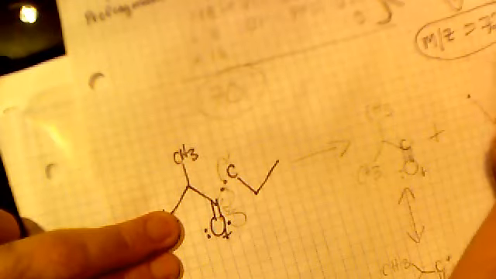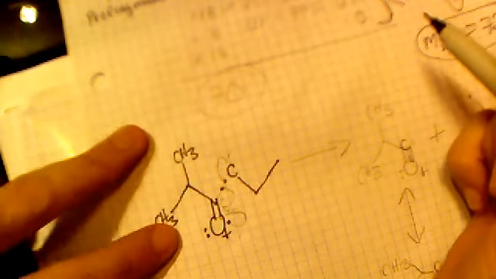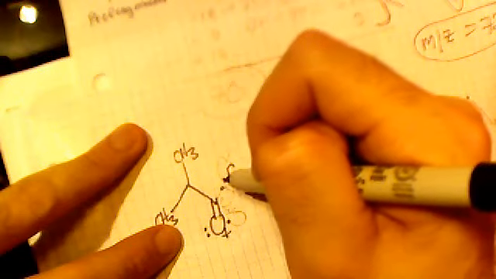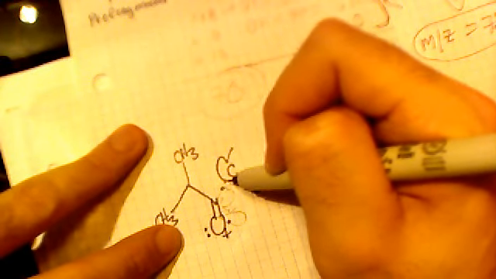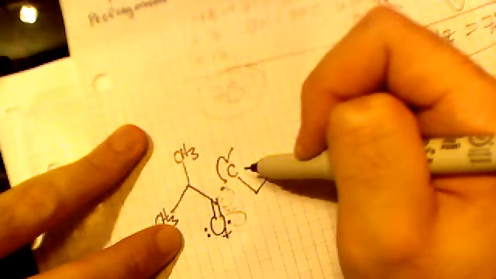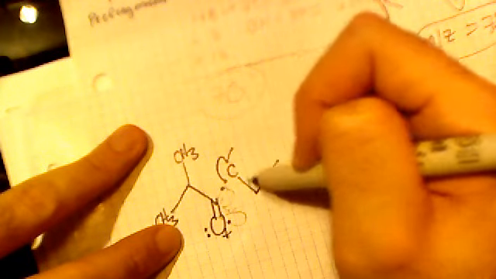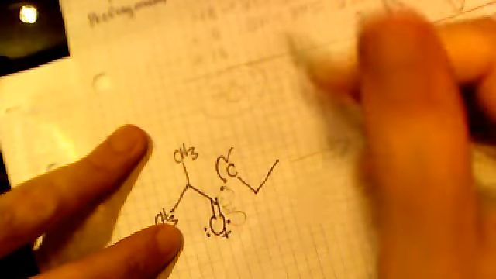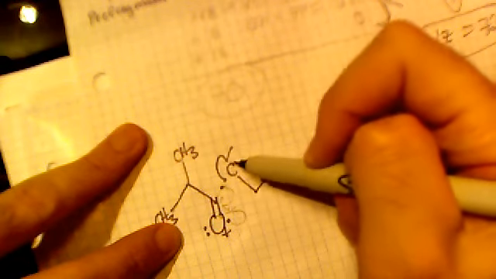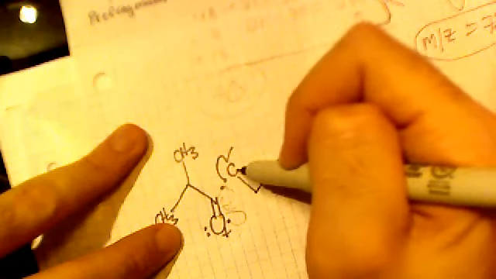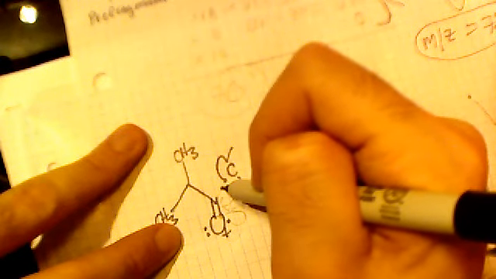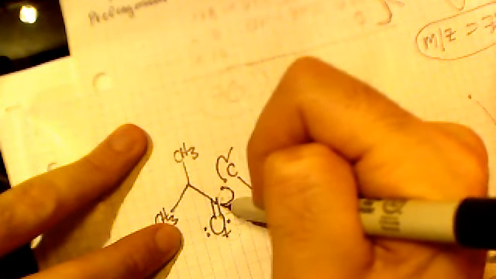So what happens here is the electron from the bond between this carbon and this carbon goes here, and then this electron goes to the bond here.